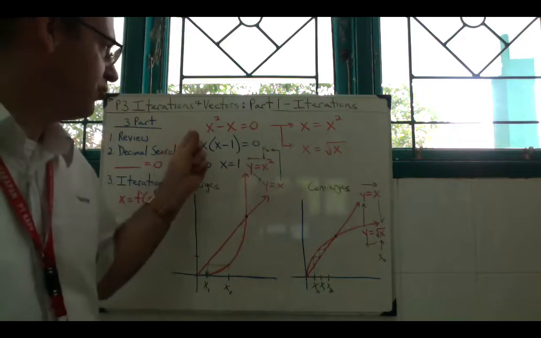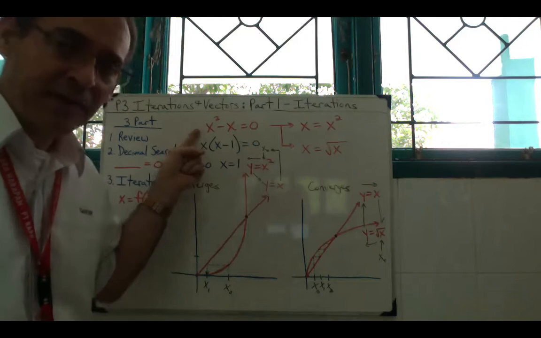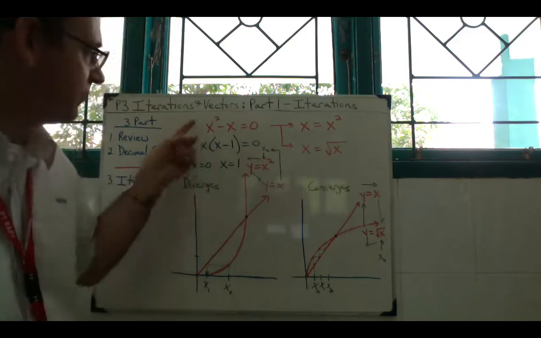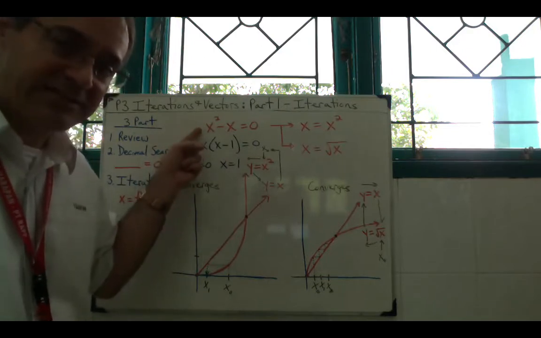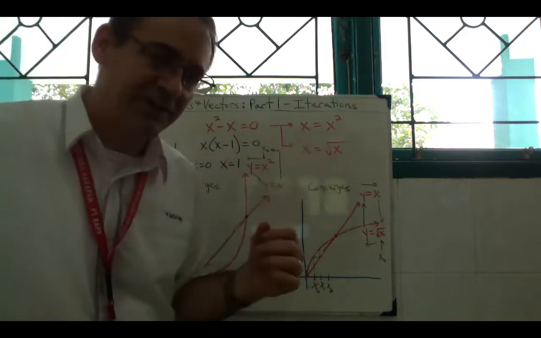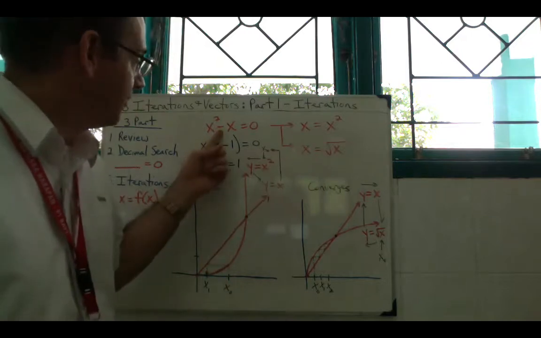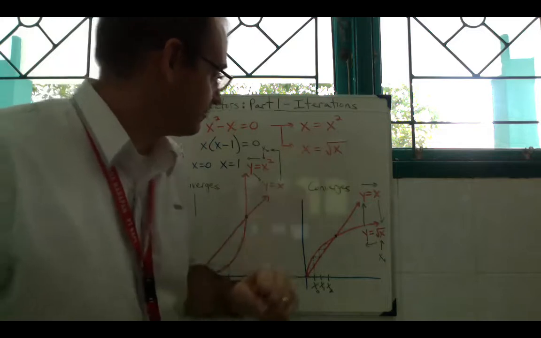Now, while we could have graphed this, let's just say that this graph is too complicated for us. So if this graph is too complicated for us, one way that we can simplify it is to break it down into 2 recognizable parts on each side of the equal sign. So if we add the x to the other side, we get x equals x squared.